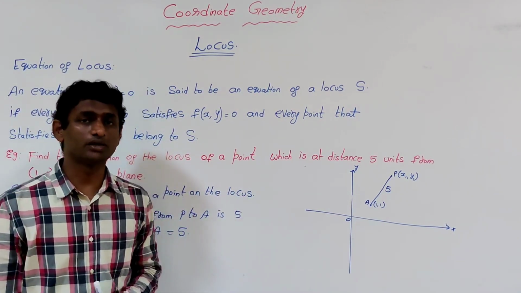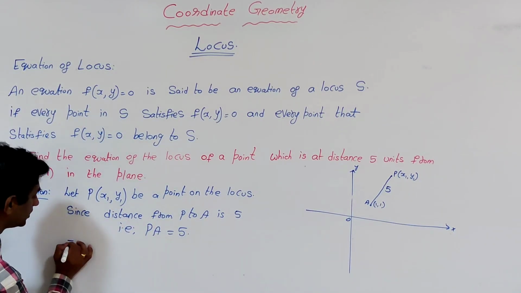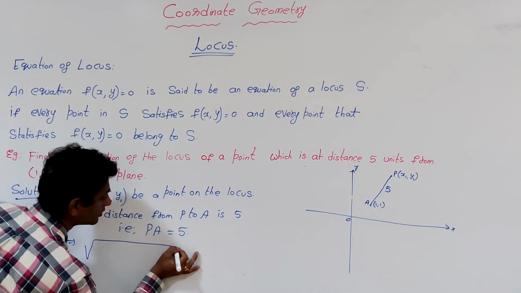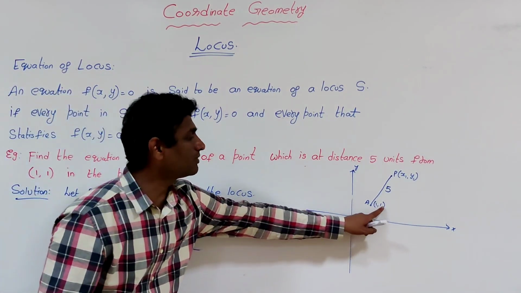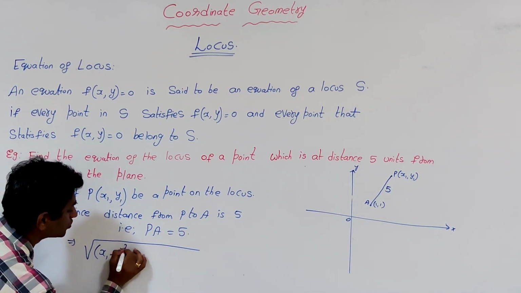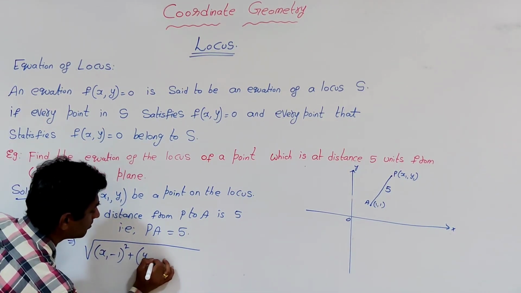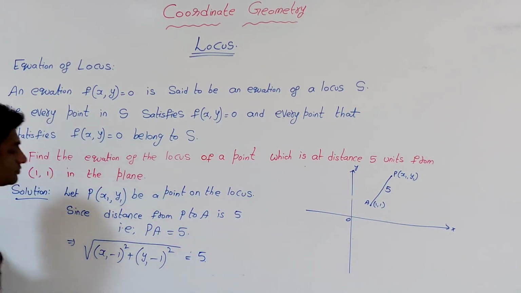We know the distance formula. So what is the distance formula? Square root of, from P to A (1, 1), x1 minus 1 whole square plus y1 minus 1 whole square is equal to 5.